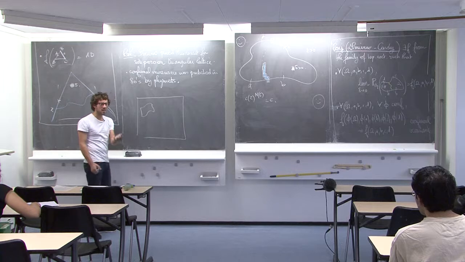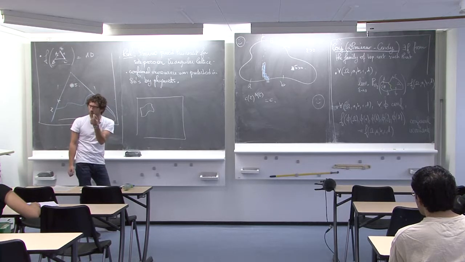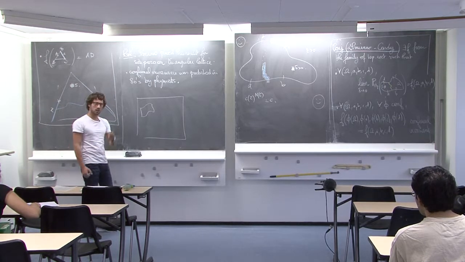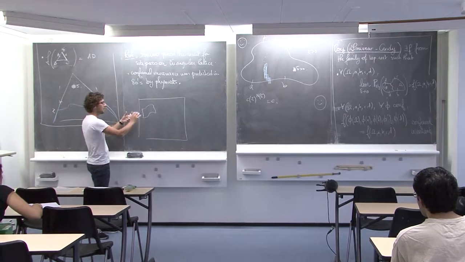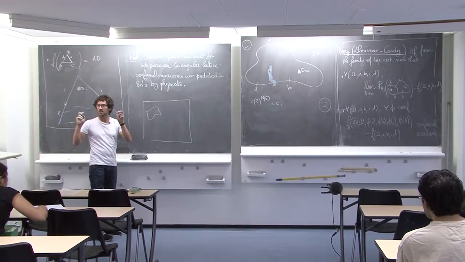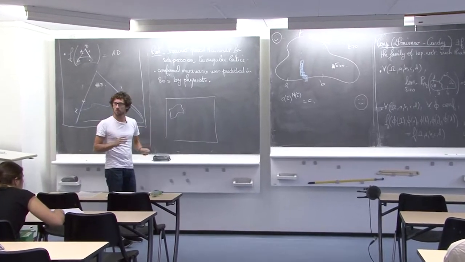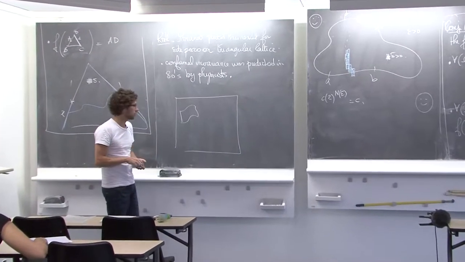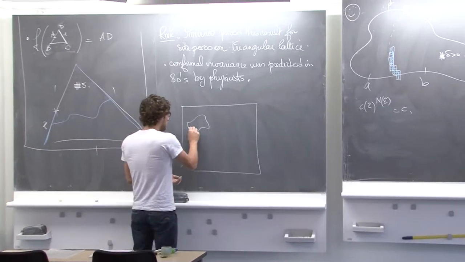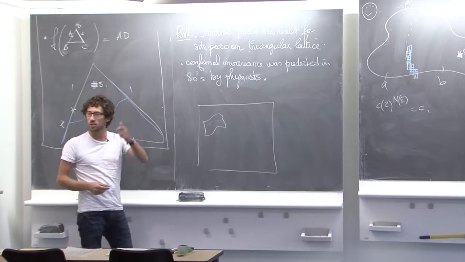Instead of giving me all the information on all the single edges, fix an epsilon, look at any topological rectangle of size larger than or equal to epsilon, where you need to make sense of that, but you can have a notion of it. And just tell me, okay, this one is crossed, this one is not, this one is crossed, this one is not, etc.